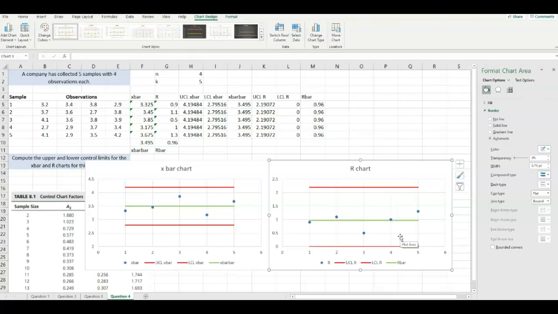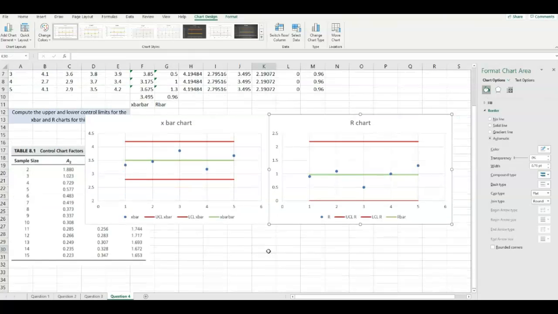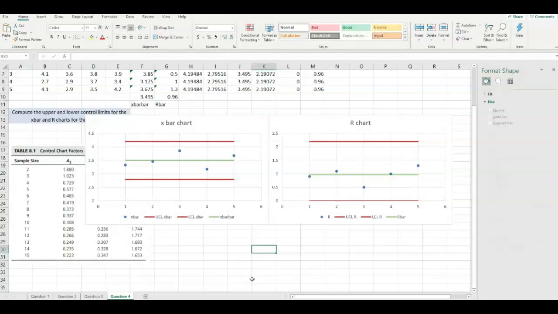Those are all of our ranges that we see here over in column G. So if any of these blue dots were above the upper control limit or below the lower control limit, we would once again be out of control. But since they are in between the upper and lower control limit, we can officially say that this process is in control.